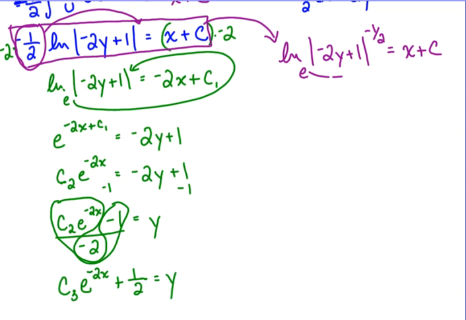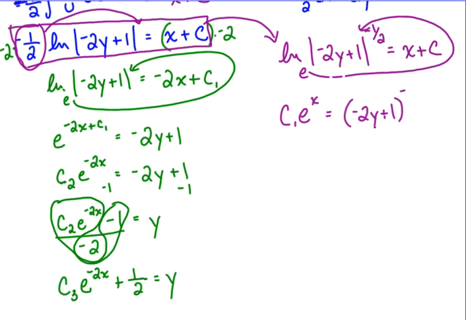So if we put this one in exponential form, we have e to the x, I'm going to go ahead and move my c to the front, is equal to, at this point, we can drop the absolute value. Now, if we're solving for y, we would raise this to the reciprocal power.